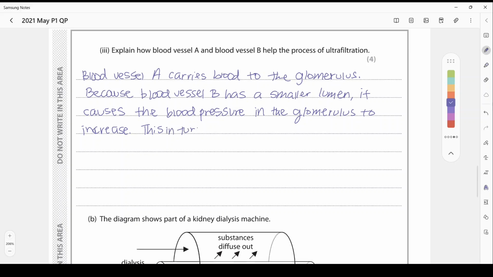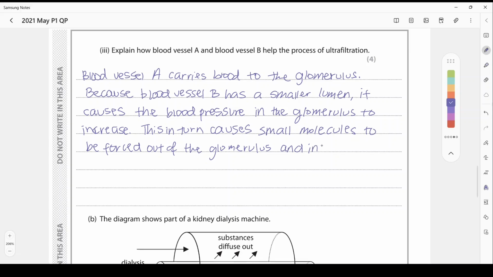This in turn causes small molecules to be forced out of the glomerulus and into the Bowman's capsule.